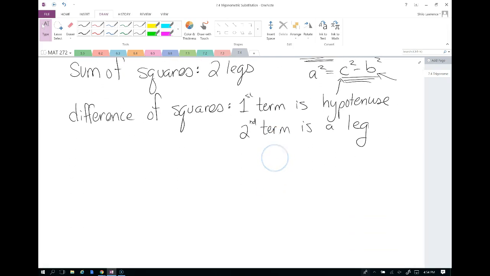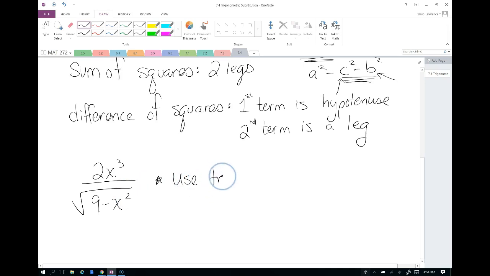So what we want to do when we see a problem, and I'm not going to frame this as an integration question quite yet, is this: if we want to use trigonometry to simplify the expression 2x cubed over the square root of 9 minus x squared, we're going to use a trig substitution to simplify it.